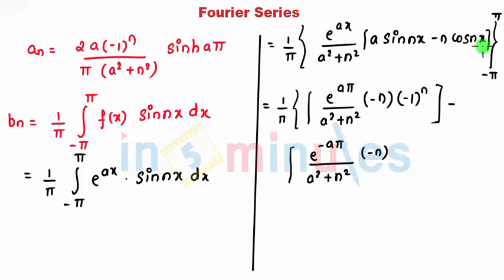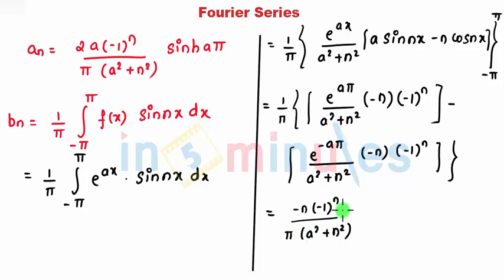When you substitute cos of -nπ, that again gives (-1)^n. So I can write, finally taking common, minus n (-1)^n, I am taking it common, divided by π into a² + n², I am taking it common. So the remaining will be e^(aπ) - e^(-aπ).